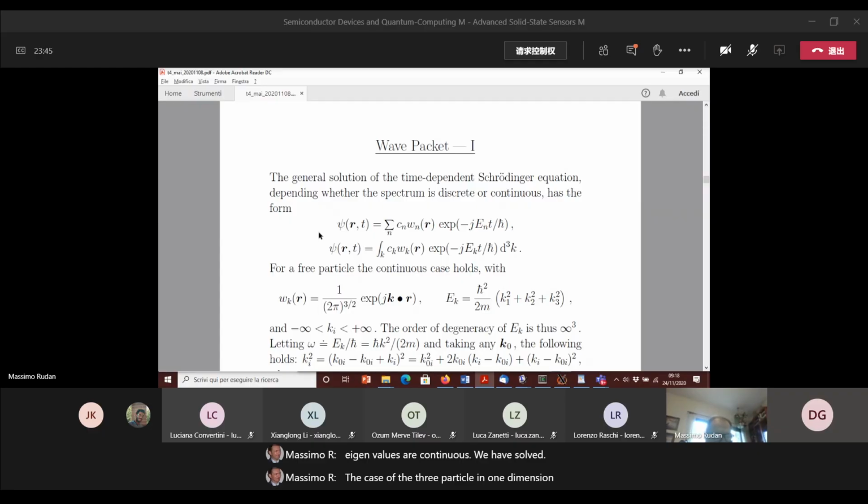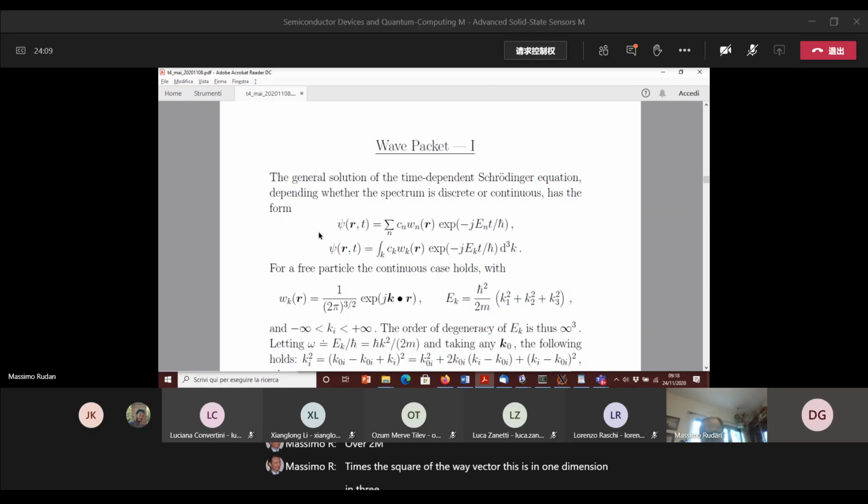And you remember that in one dimension, the relation between the wave vector k and the energy is that the energy is h bar squared over 2m times the square of the wave vector. This is in one dimension.